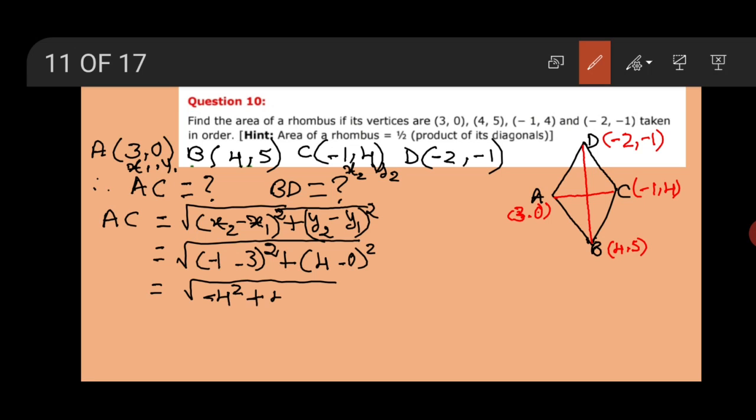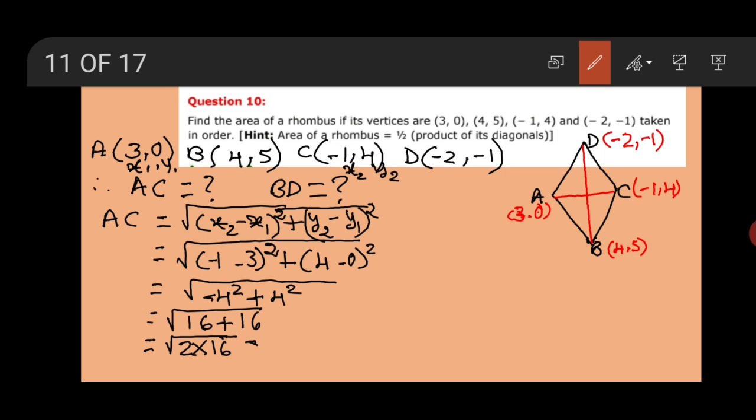It is equal to square root of (minus 1 minus 3, which is minus 4) square plus (4 minus 0, which is 4) square. That is square root of 16 plus 16, which is 2 times 16, or 32. We can write 32 also, but it is very simple.